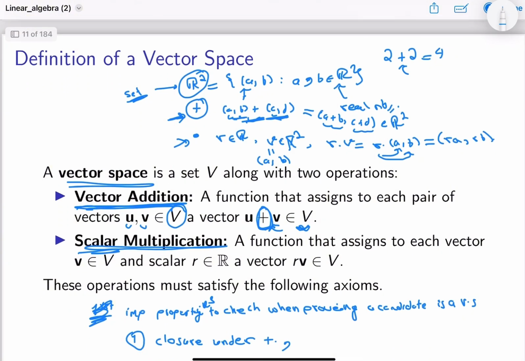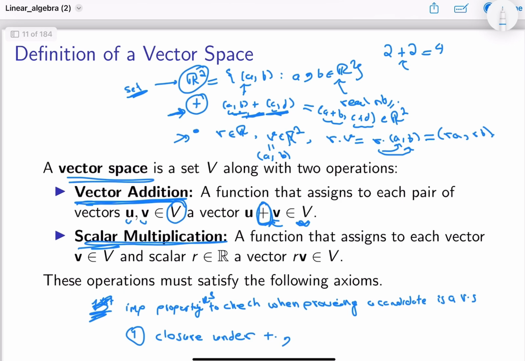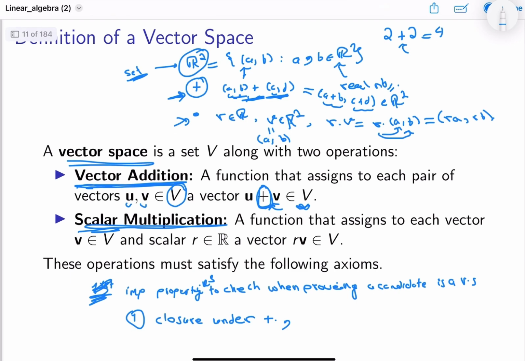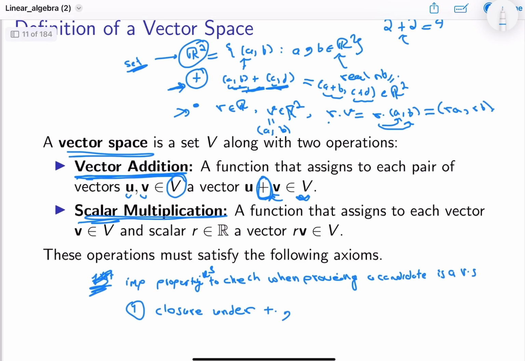The other property that we mentioned it's important to check is closure under scalar multiplication. When you multiply a vector of your vector space by a real number, you also want to get a vector in the same vector space. If you notice here, this is a real number, this is a real number, thus this is in this set. So we also need closure under scalar multiplication.